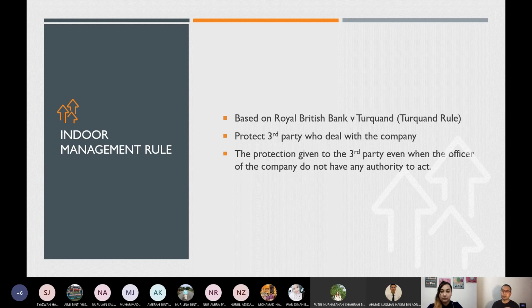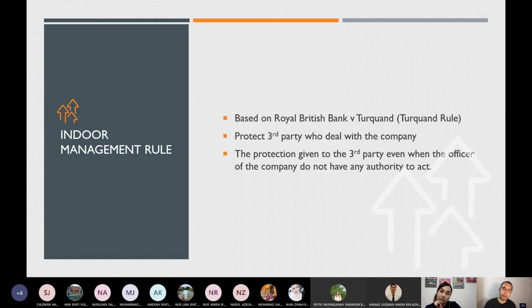But these powers are not known to the third party. For example, I wanted to enter into a contract with Tenaga Nasional Berhad. I do not know the TNB internal policies. I do not know the limit of authority for the directors of TNB.